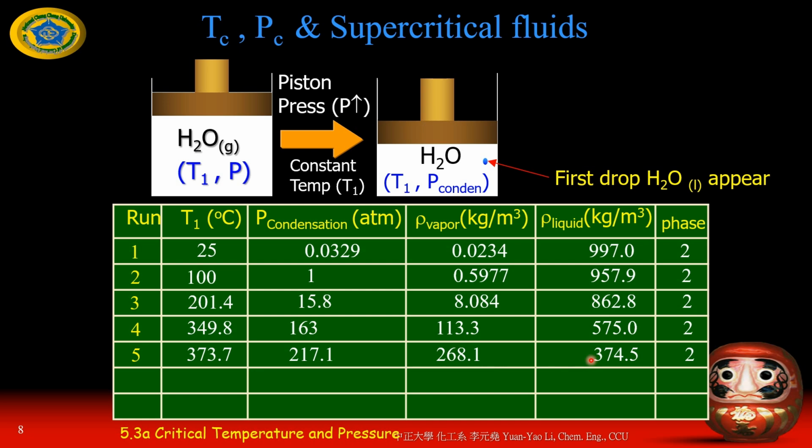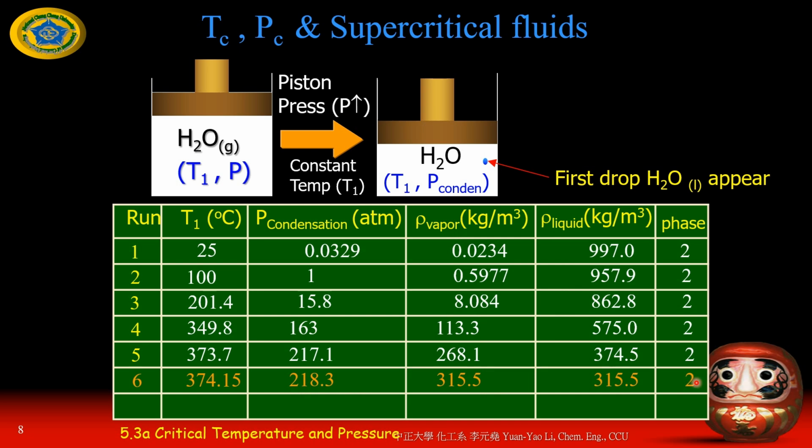When I go to round 6, when I go to T1, which is 374.15, the pressure of condensation will be 218.3. At this moment, the density of vapor will be equal to the density of the liquid. At this moment, it's still 2 phases.